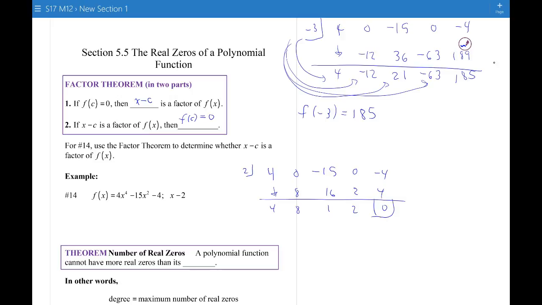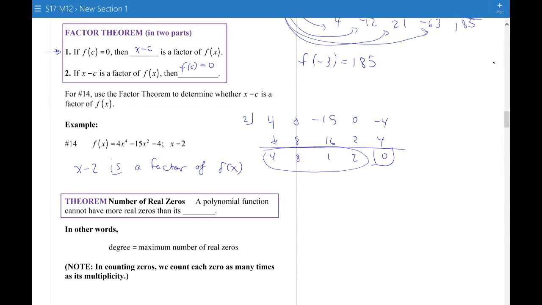And we got a 0 for the remainder. So this says if f of c is 0, x minus 2 is a factor of f of x because we got a 0 remainder. Let me just mention that this other part that's left here represents the other factor.